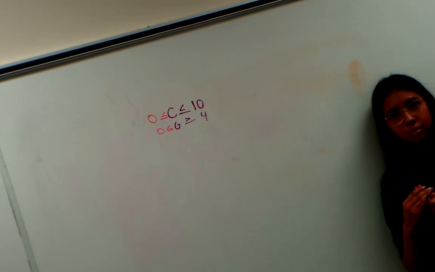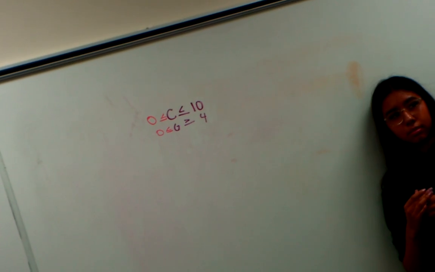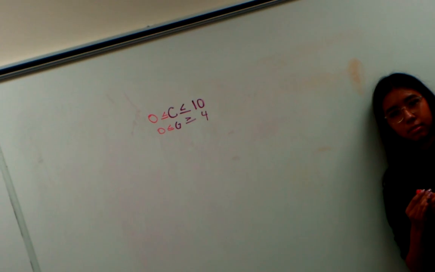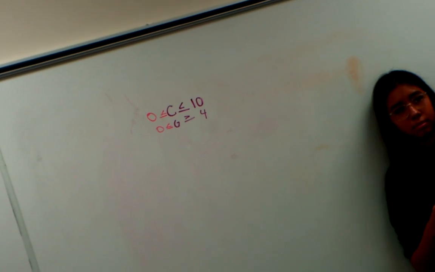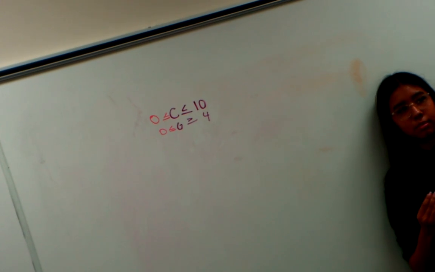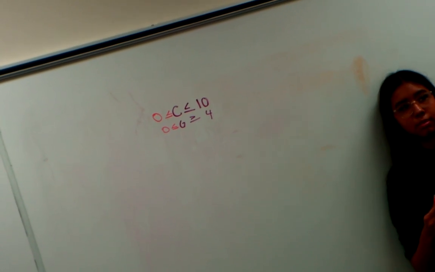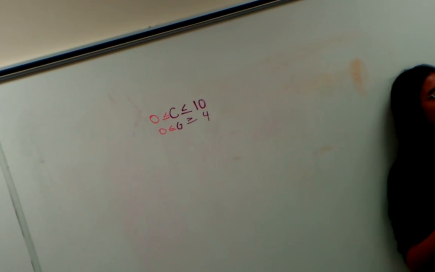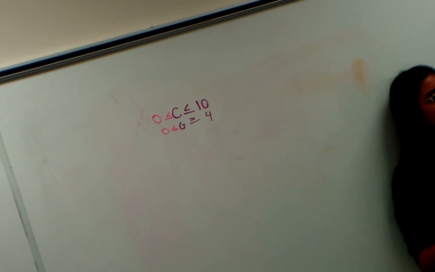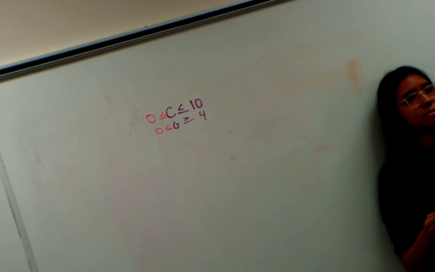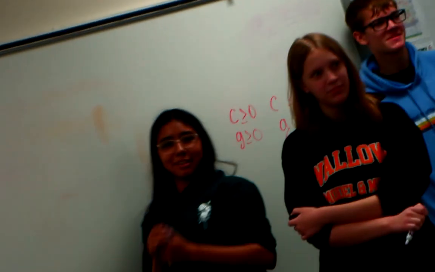On your first inequality, if I take out the C, would it be true? 0 is less than 10. Yes. So the top one's okay. On the bottom one, if I take the G out, would that be 0 is less than 4 and at the same time 0 is greater than 4? No, we'd have to write that second one separate. Okay, so here we go.